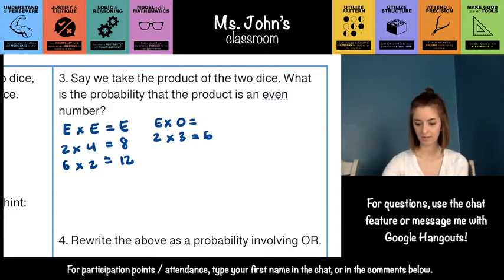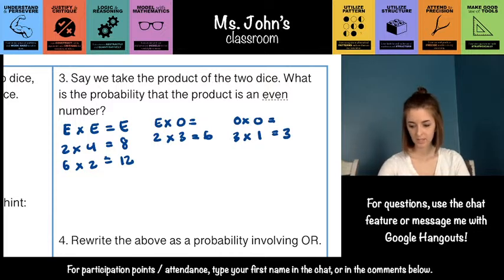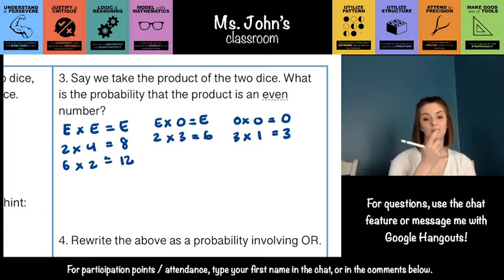You could also have an odd and an odd. 3 times 1 gives you 3. So it turns out the only unfavorable option here is this odd times an odd situation. So odd times odd numbers gives you odd, but odd times even also gives you even. In any order, you could have even, odd, and then odd, even, right?